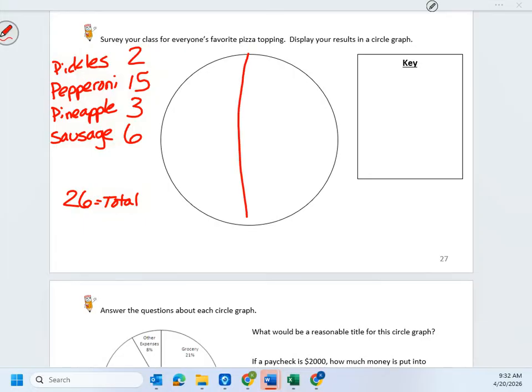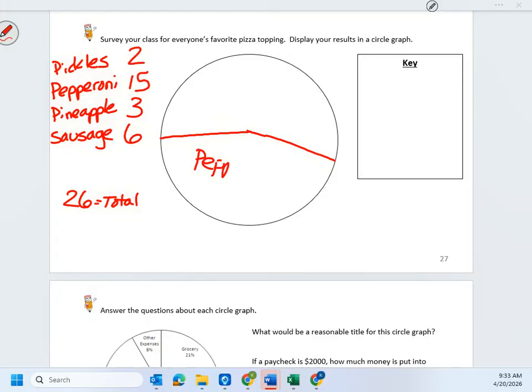Because they're different numbers, they're not all the same. 15 is going to be a small part of the circle or a large part? Large part. So, let's see. Halfway would be 13. So 15 is bigger than 13, so I would probably say that much is our pepperoni.